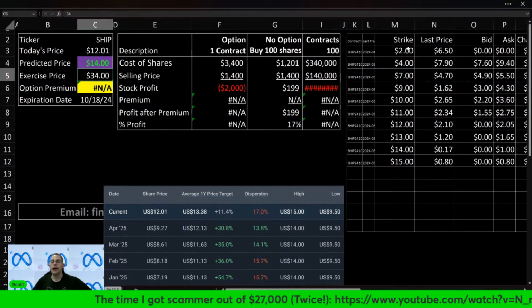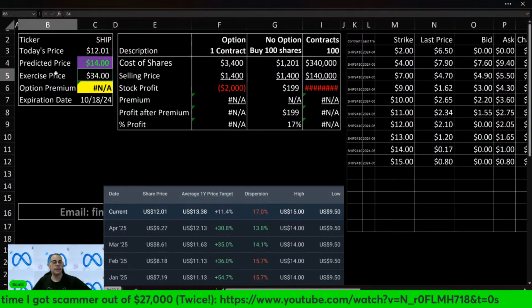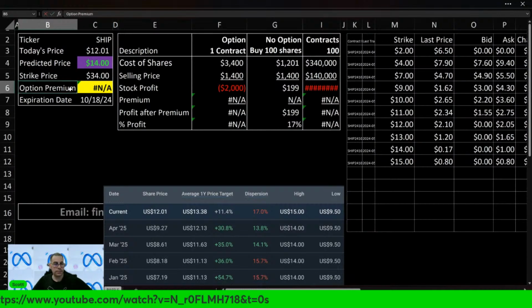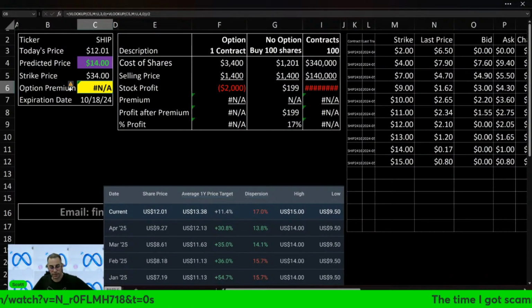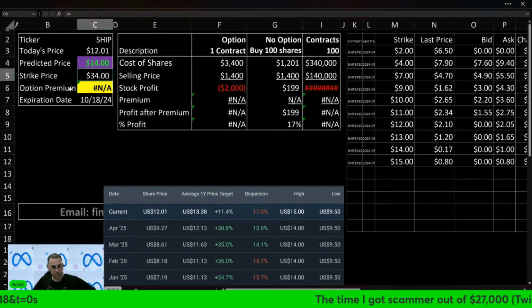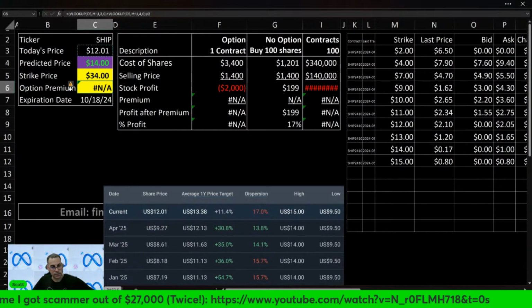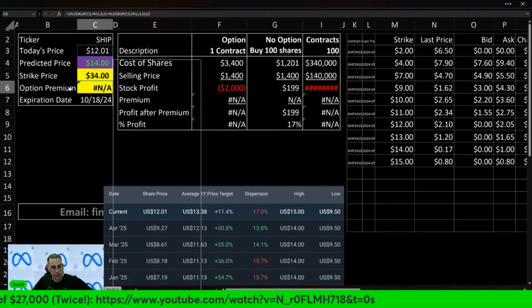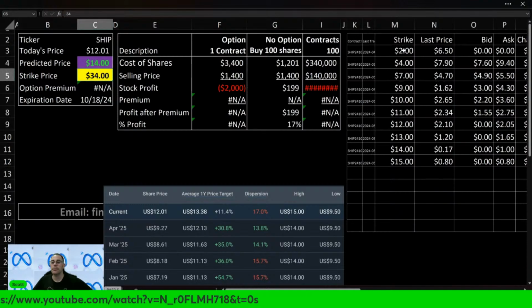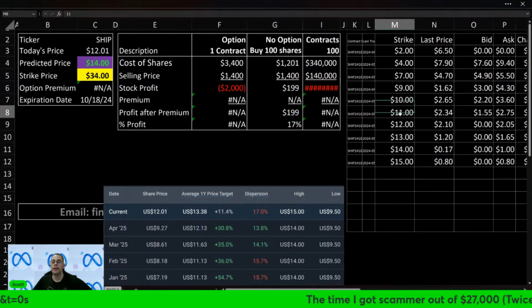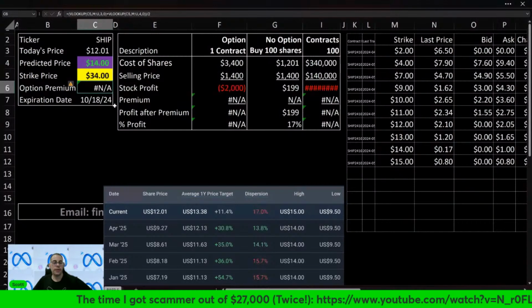Now we have to get what's the strike price? So what's a strike price? It has to be one of these numbers: 2, 4, 7, 9, 10, 11, 12. And we have to go into the money, unfortunately, on this one.